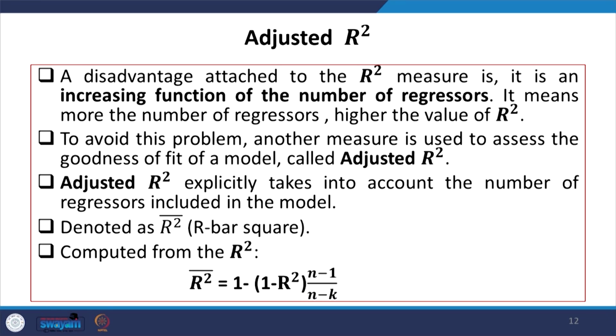So, R square we have discussed. Now, another important dimension in a model is called adjusted R square. Adjusted R square has to be also discussed. That is basically taken with a bar, R square bar, and this is in fact adjusted with the number of parameters in the model, the number of regressors in the model.